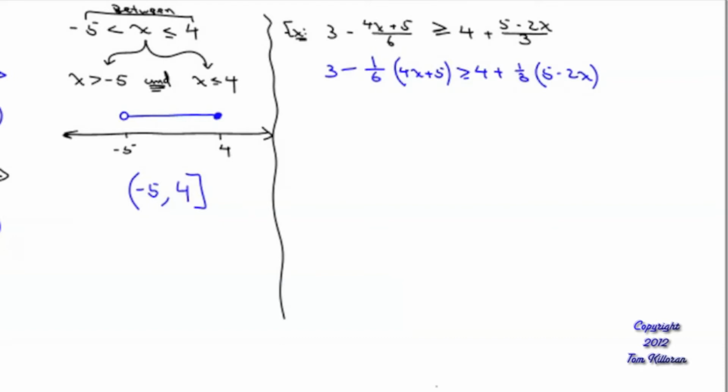The one reason I'd rather you do the blue step than not is even in my other class when they were doing some of their review work, they didn't take that negative and distribute it to that 5 because they don't see the parentheses. If you write it as a number out front and parentheses after, you know that distribution has to happen. So I implore you, if you see a fraction that looks like this, just write it as a fraction out front times the top.